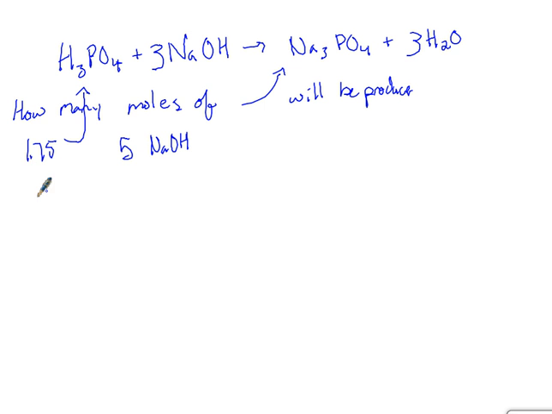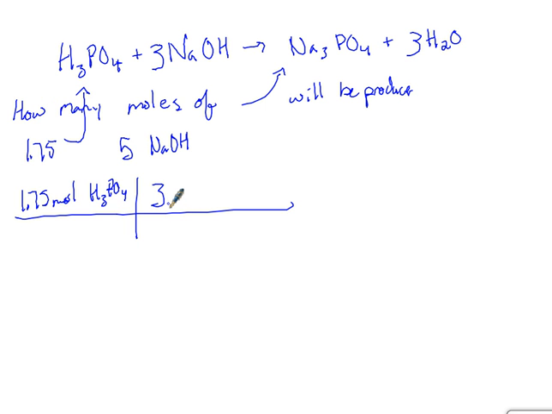Okay? If we do this, we can look here. So 1.75 moles of phosphoric acid. I know my mole ratios based on my balanced equation. I know I need 3 moles of sodium hydroxide per every 1 mole of phosphoric acid. So 3 moles NaOH over 1 mole of phosphoric acid.